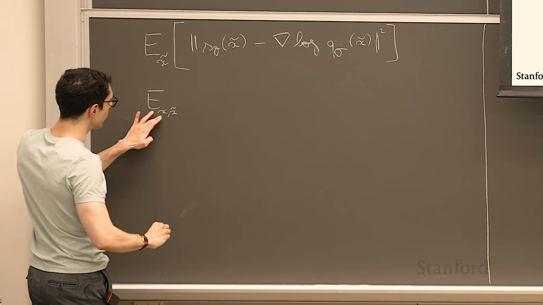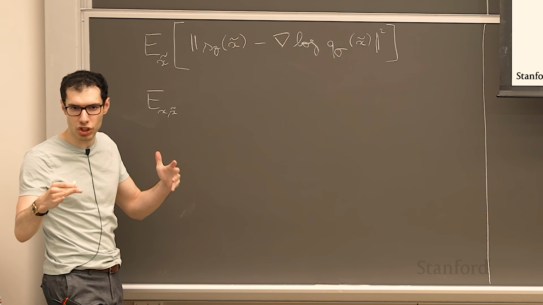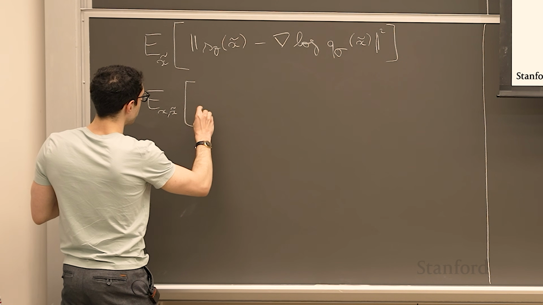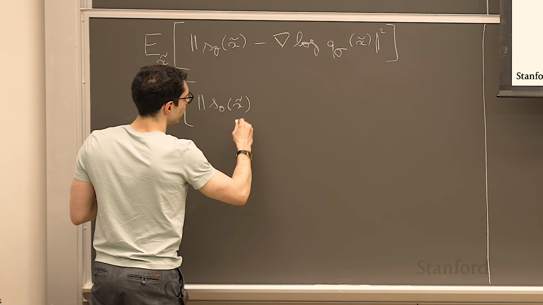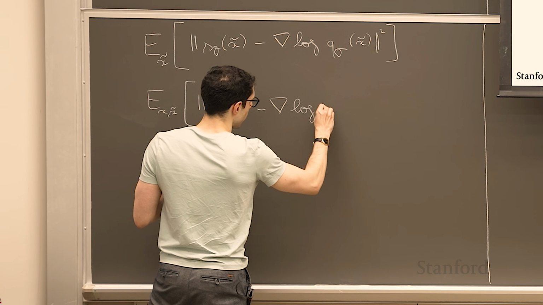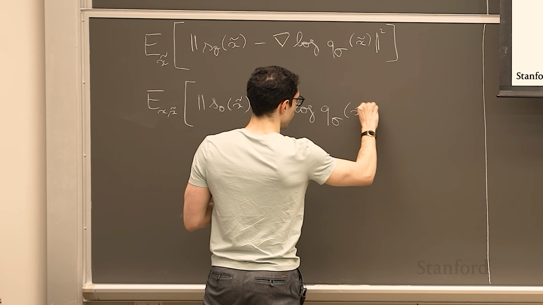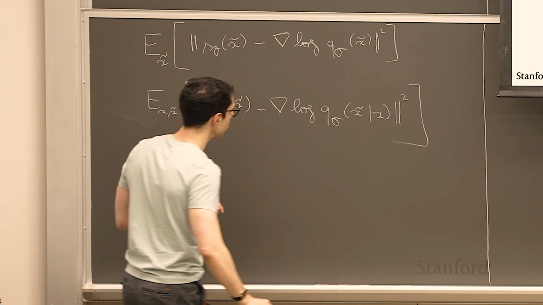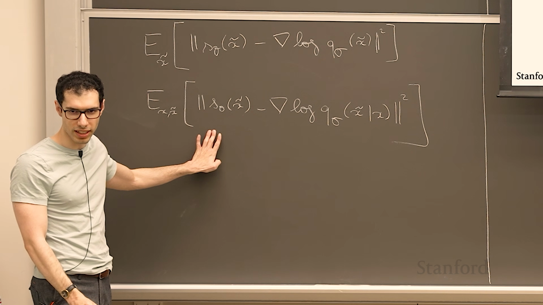The expectation is over x, over your training set, and then x tilde given x. It's the expectation of, again, the score of the noisy observation minus the true score of the conditional observation, conditioned on x. So what you want to show is that this is the same as optimizing for this, which is tractable.